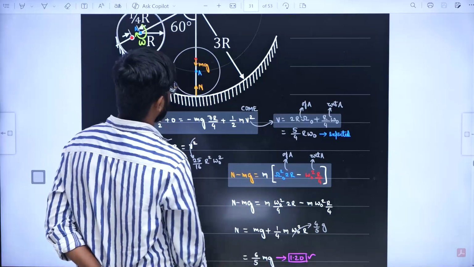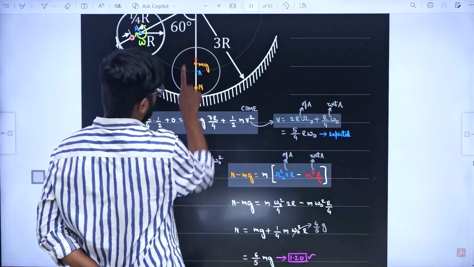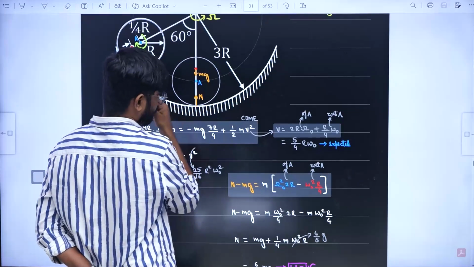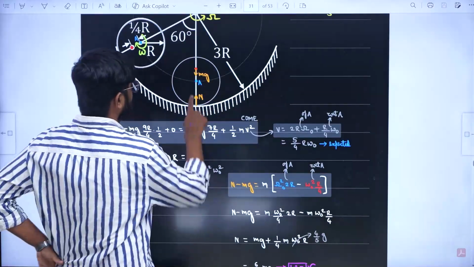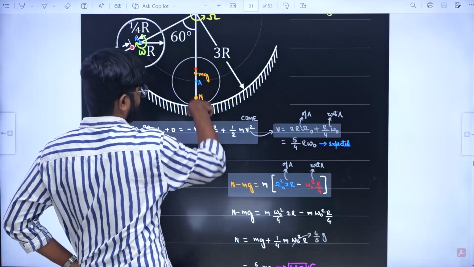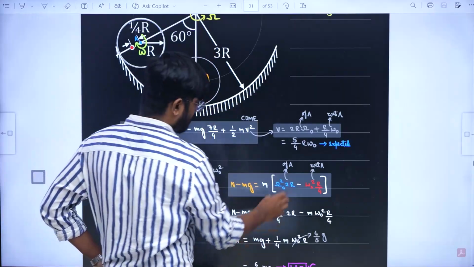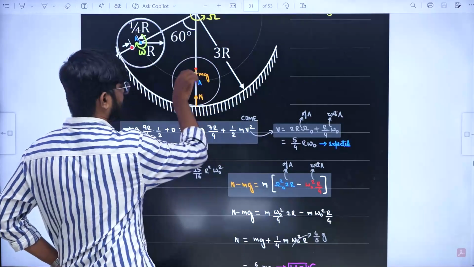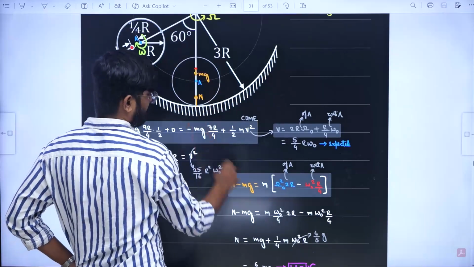So, acceleration of A is going to be omega square r in this direction. At least we are bothered about acceleration only in this direction. So, acceleration of A in this direction and acceleration about A in this direction we need. Acceleration of A in this direction is omega square times 2r, and acceleration about A in this direction is small omega square times r by 4.